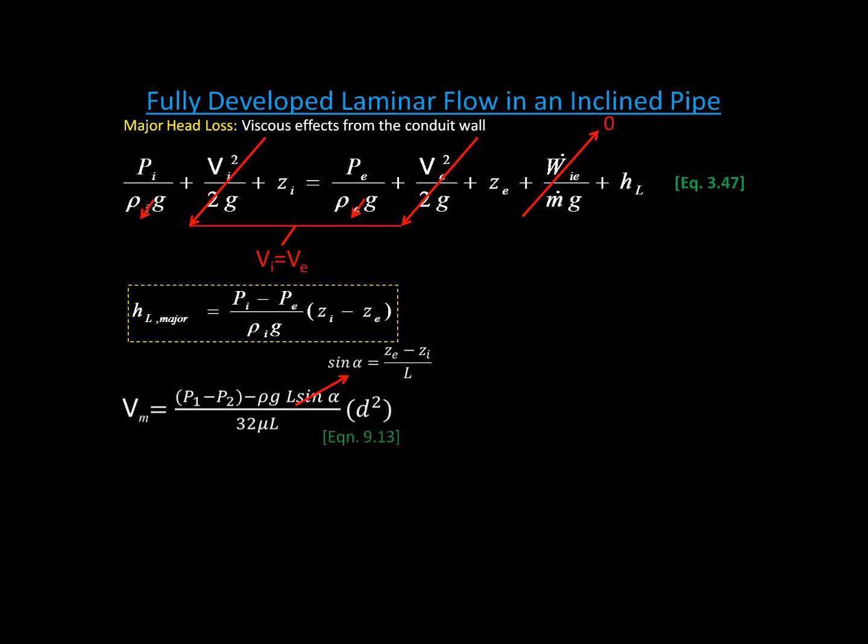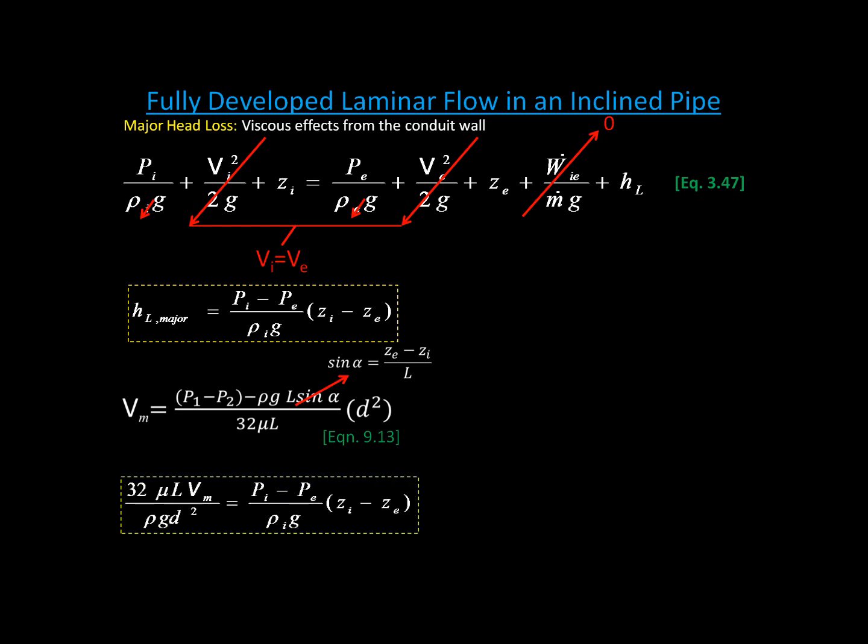So the change in elevation is the opposite of an inclined pipe divided by the length, which is the hypotenuse, and I can substitute that in, rearrange it, and I get 32 times the dynamic viscosity times the length of the pipe times the mean velocity, divided by the density times acceleration of gravity times the diameter squared, is equal to the change in pressure plus the change in elevation divided by the density times acceleration due to gravity.